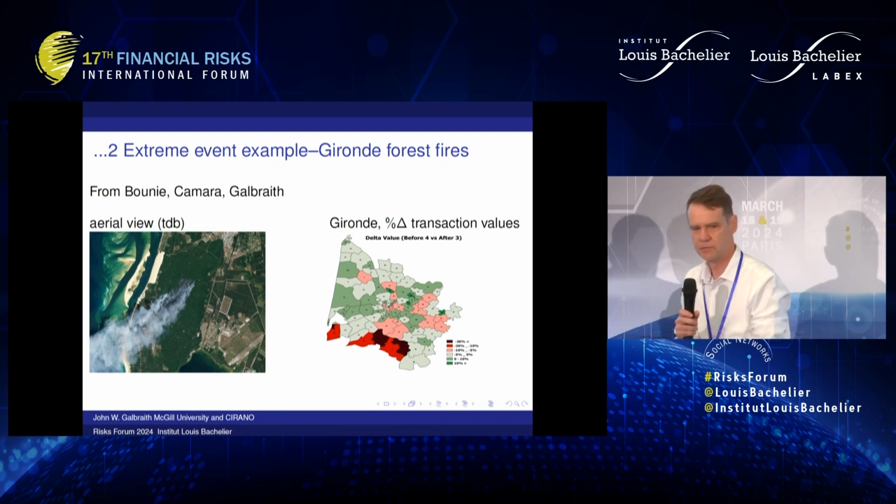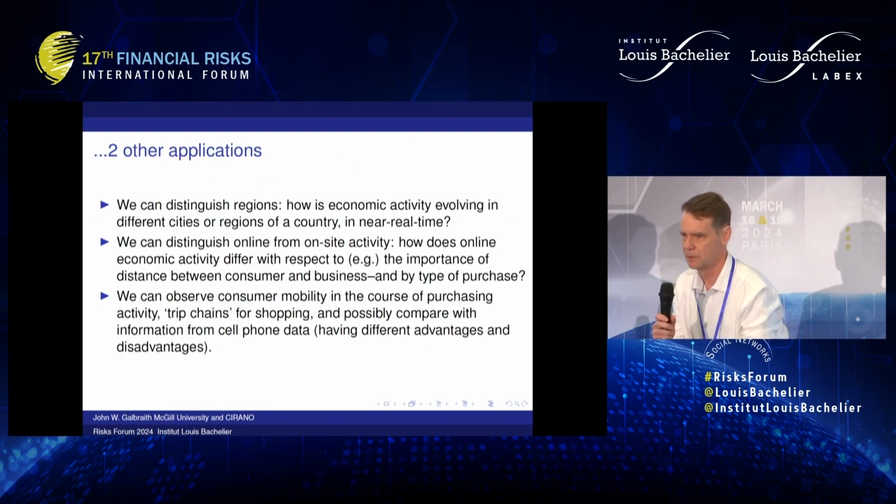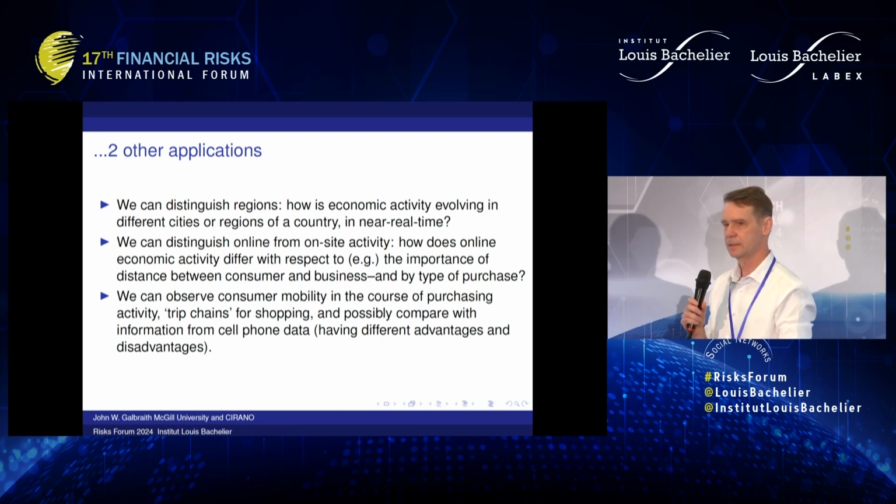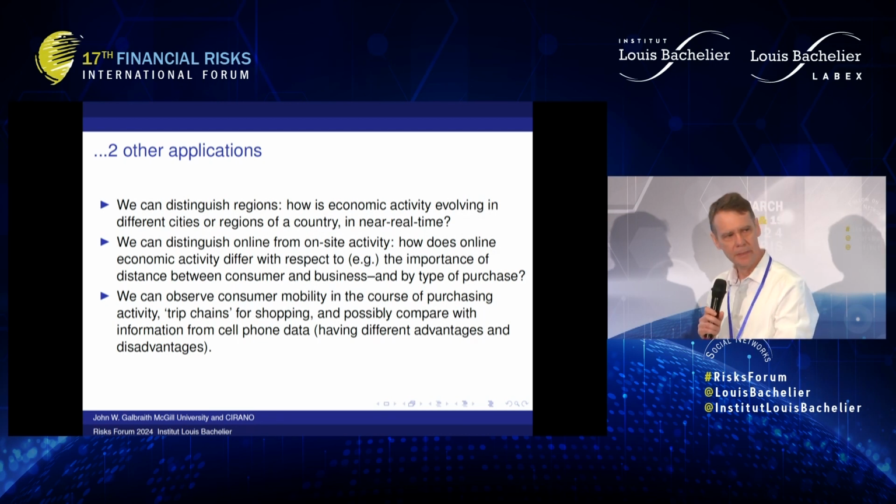So I think these are extremely interesting applications. There are all sorts of other things that one can do as well. We can look at nowcasting for regions of a country about which there is relatively little information in official data, and distinguish on-site and online activity. Another thing which I hope we're going to be able to pursue in more detail in the next little while is to look at consumer mobility using these data, because whenever a transaction is made, one has a location for the transaction, and that can be traced to a particular card.